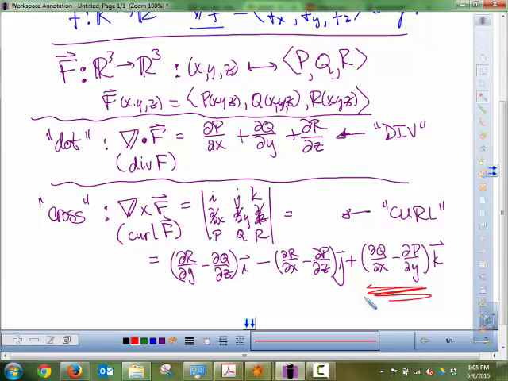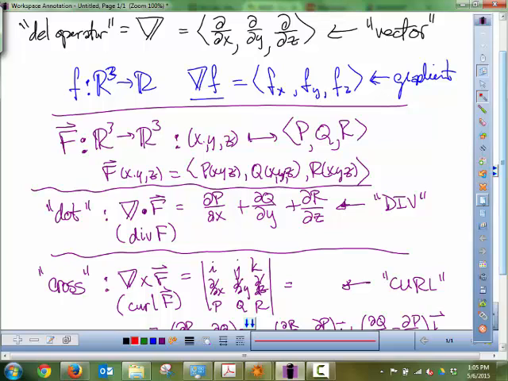All right, now that it's all absorbed, let's do some examples. Let's find some vector fields to div and to curl.